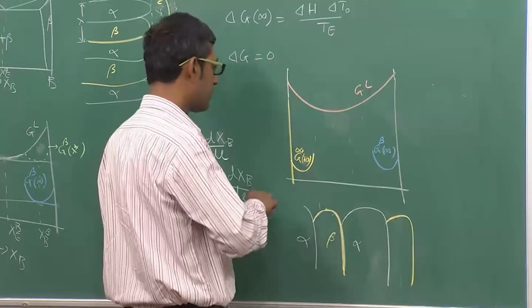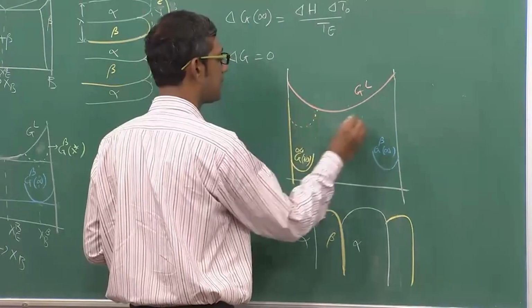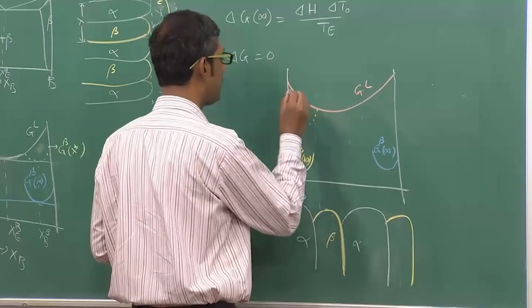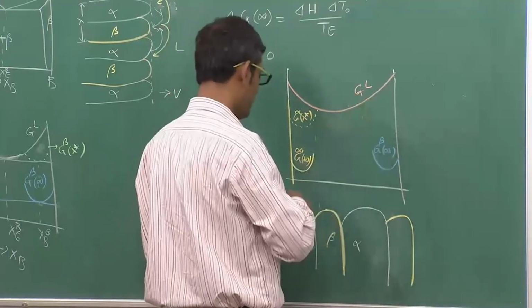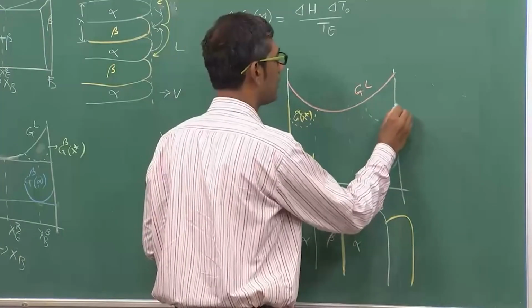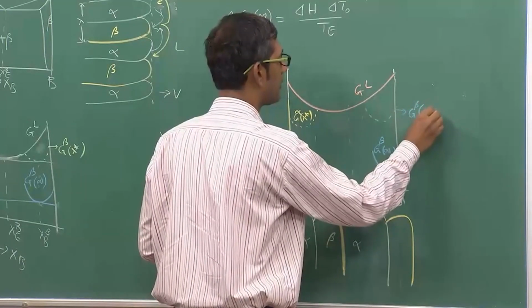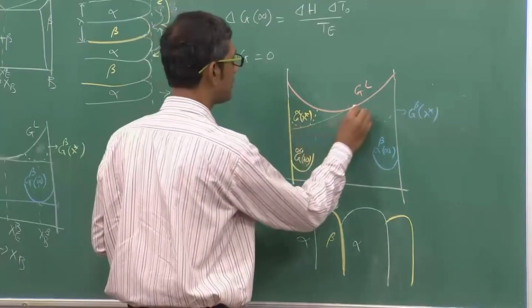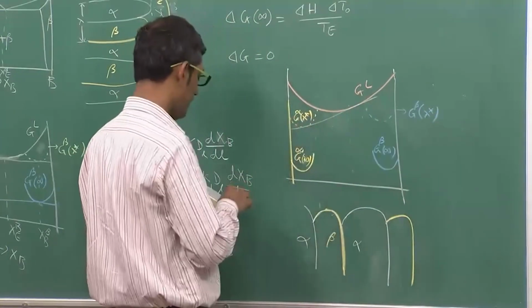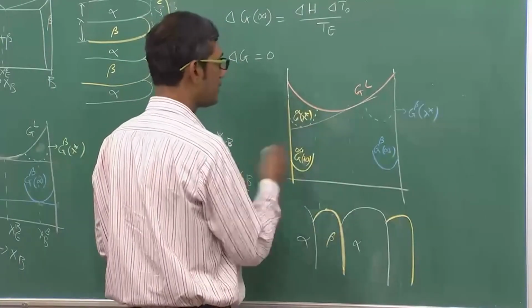So we are shifting these things because of the finite values of lambda like this. So this is my G alpha lambda star as we have done. This is your G beta lambda star. So if I draw the common tangents here, this is one, okay, and then this is another one.